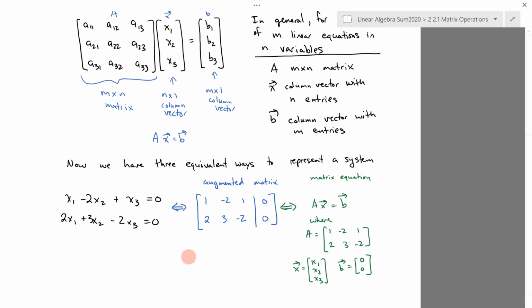For a system of equations like this, you can either set up the augmented matrix as we did in chapter 1, or also now represent it as a matrix equation A times x equals b, where A is the coefficient matrix, x is the vector of unknowns, and b is the vector of constant terms.